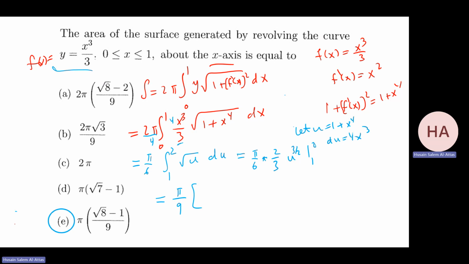This one, square root of 2, this is square root of 8, minus 1. Is it? I made a mistake somewhere. Yeah, minus 1. That will give me this one, which is correct.